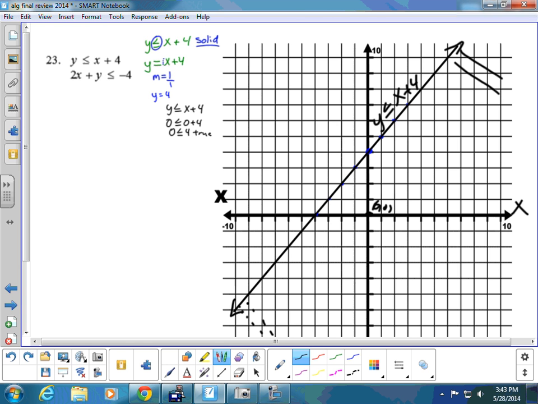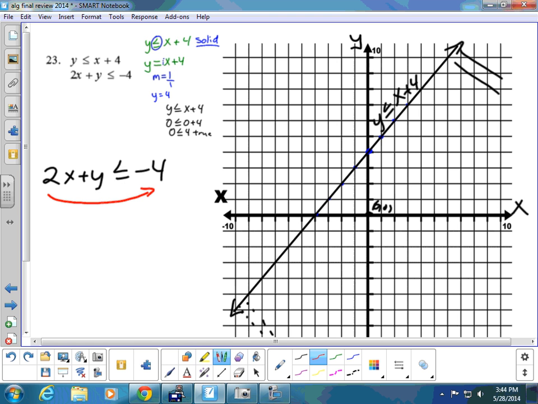We'll label the axes too. So how do we graph the other one? 2x plus y is less than or equal to negative 4. Okay, this is a little bit more difficult to graph. You could move the 2x over by subtraction and graph it the same way we just did.